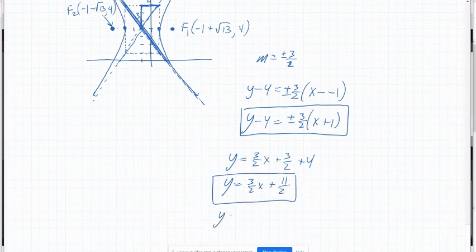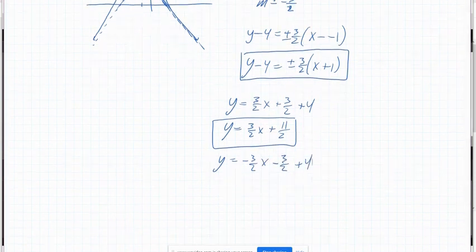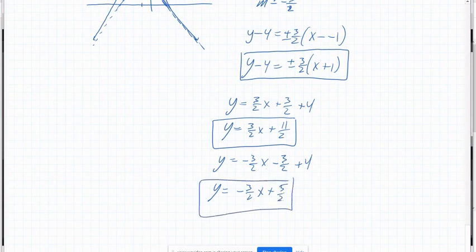Or if you do the negative slope, then you get negative 3 halves x minus 3 halves plus 4. And that's going to be y equals negative 3 halves x plus 5 halves. So those are the two equations in slope-intercept form, whereas this one gives both equations together in point-slope form.